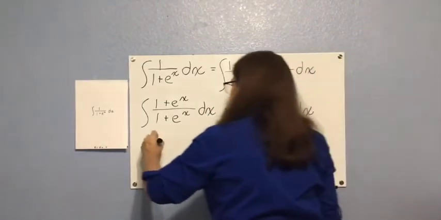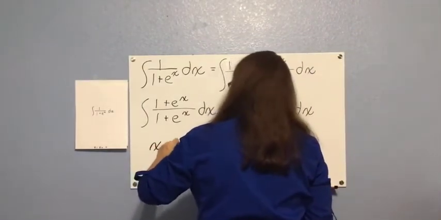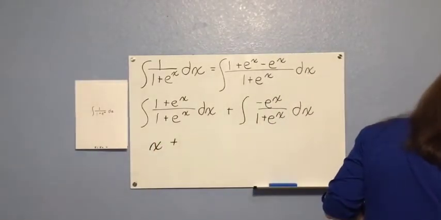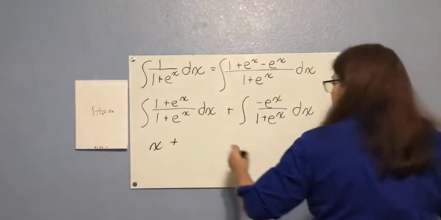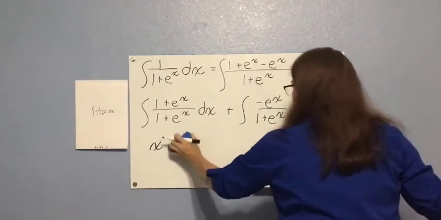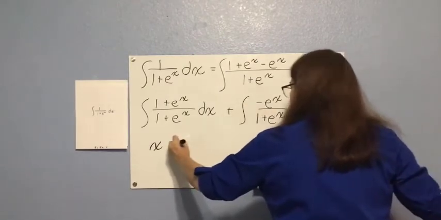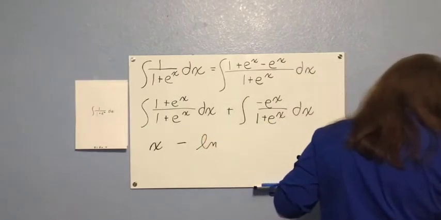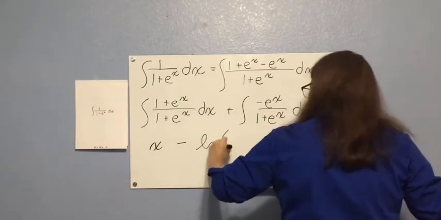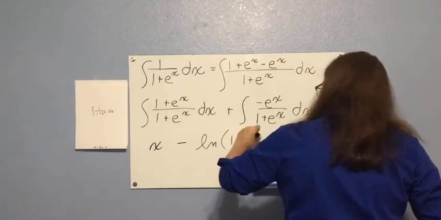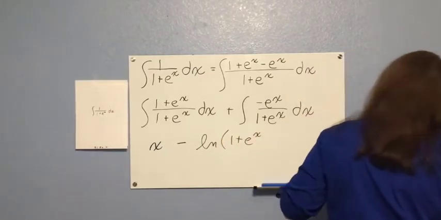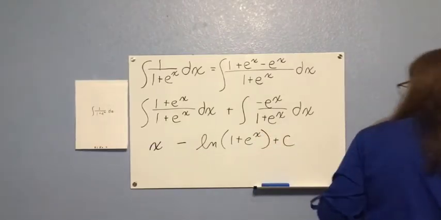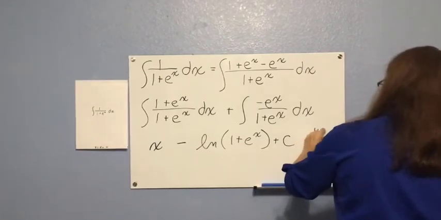So the integral of 1 is just going to give me x. And now I can look at the second integral. I'm actually going to subtract, just take this negative out here, and get natural log of 1 plus e to the x plus c. Okay, and I used equation number 5 on this one.